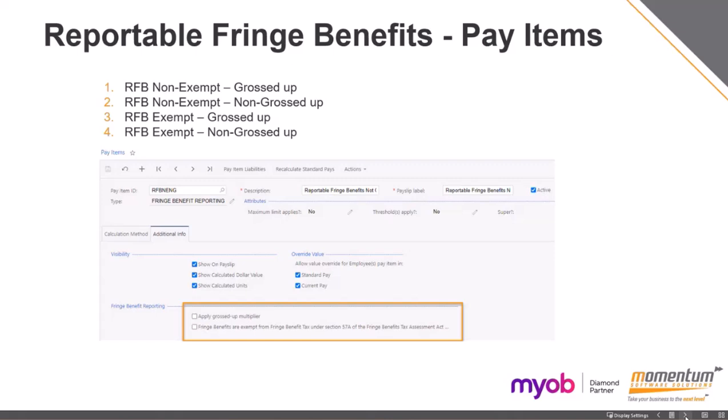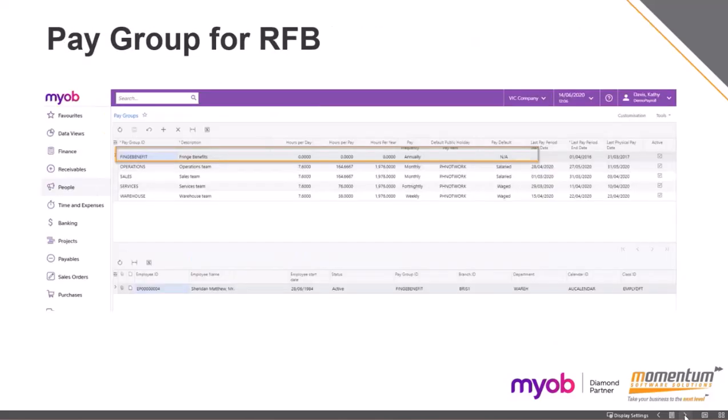If you haven't already created the pay items, you will need at least 4 pay items, both exempt and non-exempt, grossed up and non-grossed up, based on the employee. If you are not too sure how to create these pay items, or you are not confident, contact our support team and they will guide you in creating these pay items. After you have created all these 4 pay items, you will need to create a pay group, and this will be an annual pay group.